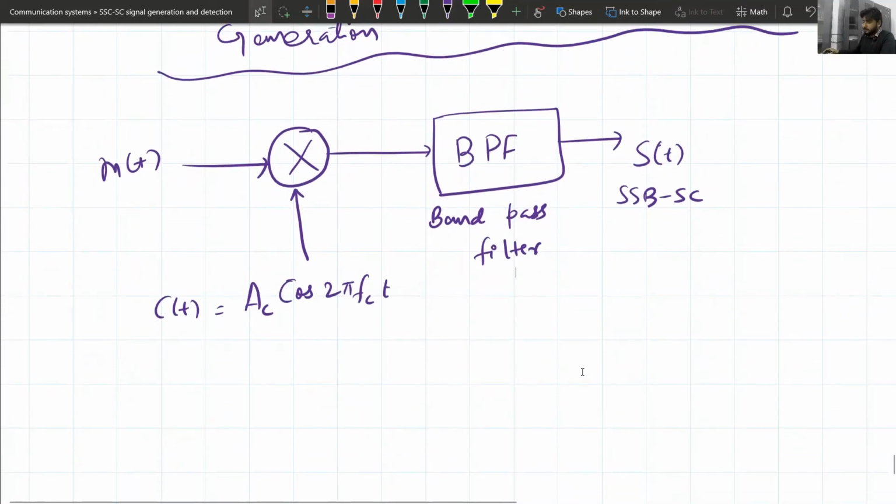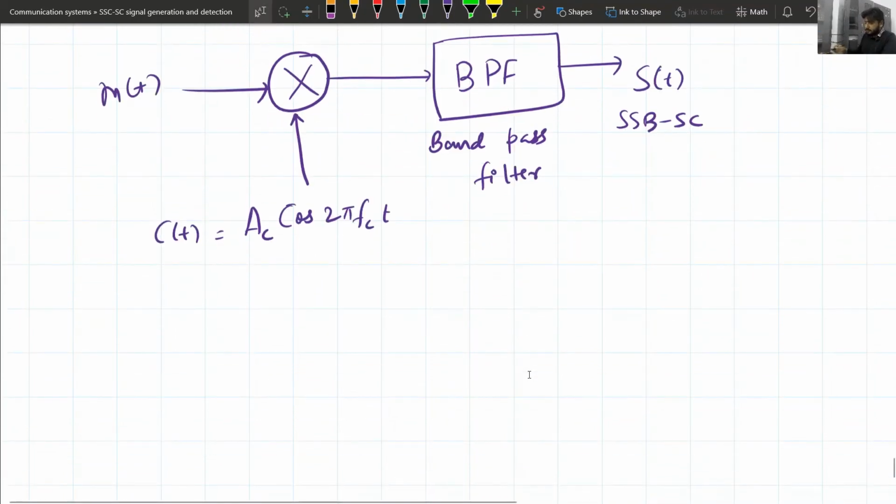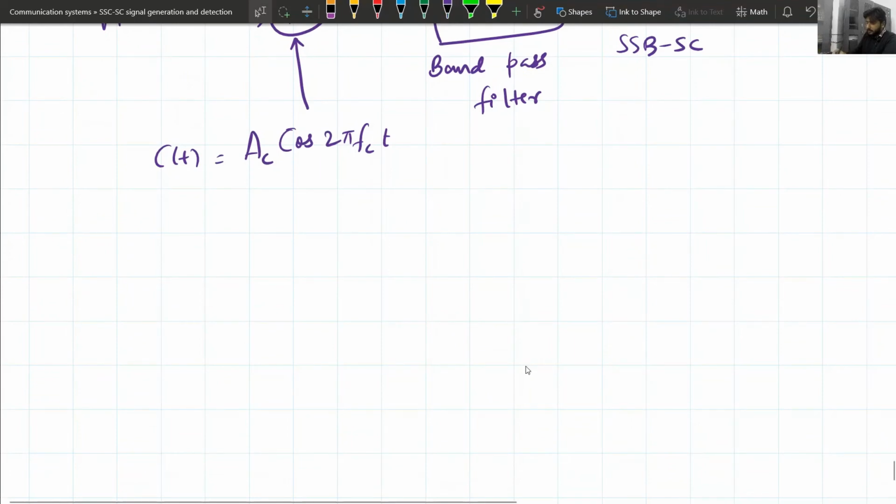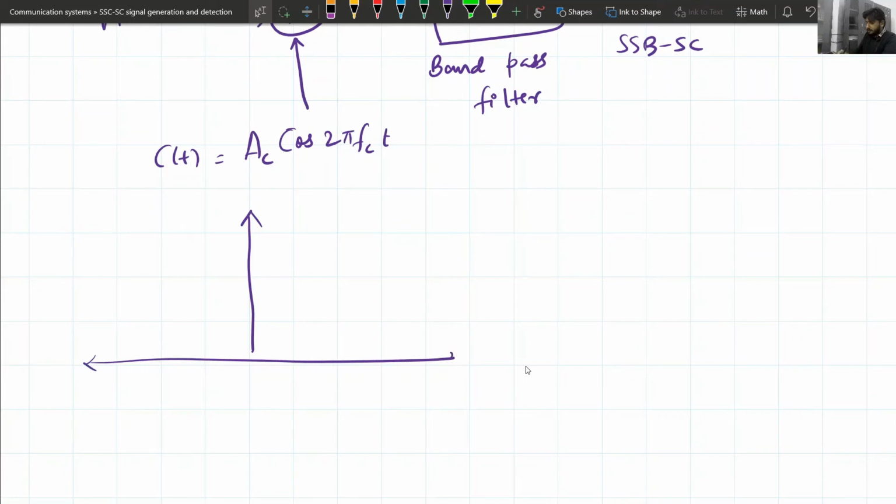So, what we are doing here is, graphically, if you observe it, so let's say this is our baseband signal.